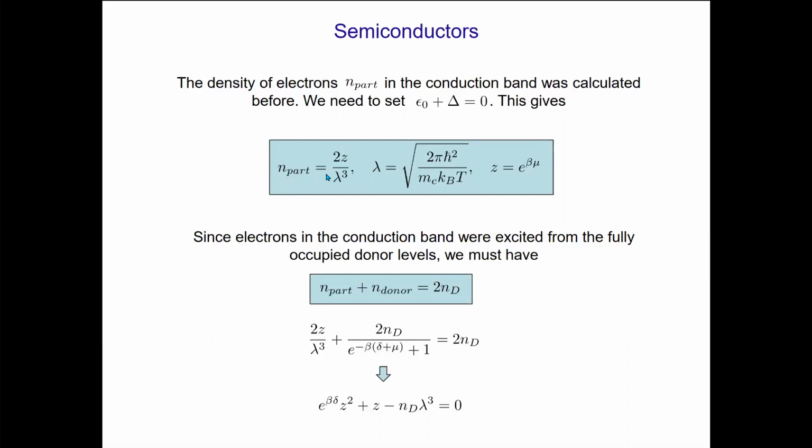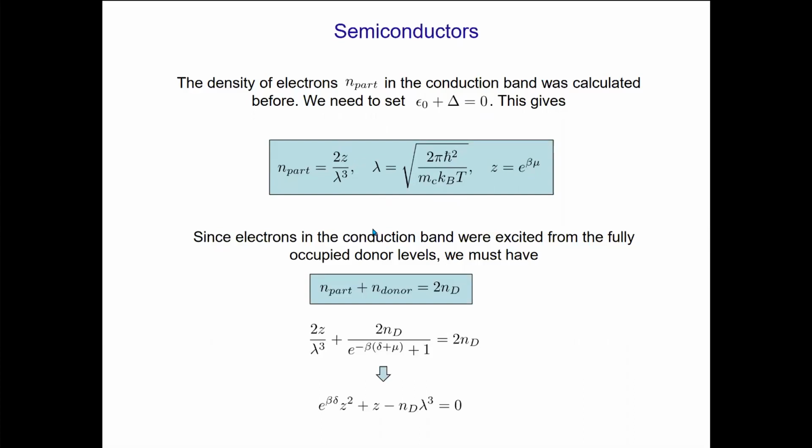And this is what we get. If you look at that formula we derived before for the particle number and set epsilon_0 plus delta equal to 0, then we get this number, where lambda is given by this number, and z is the fugacity.